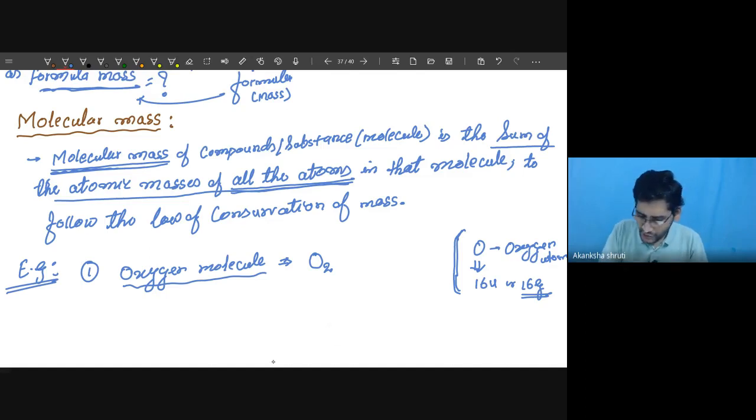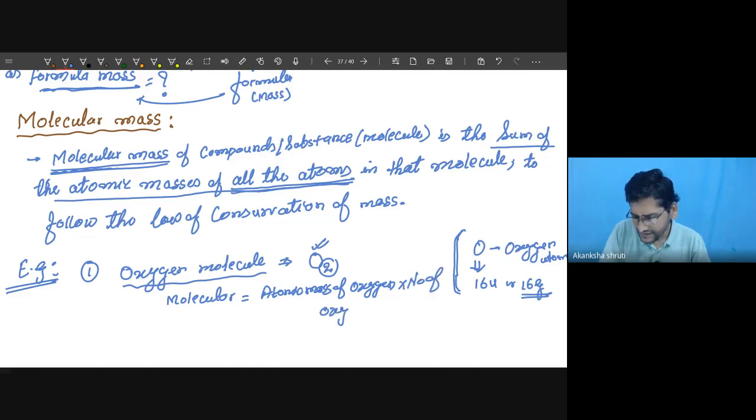But for getting the molecular mass, how many atoms are there in this molecule? 2 atoms. So the molecular mass is obtained by considering the atomic mass of the atom. It will be the atomic mass of oxygen multiplied by the number of oxygen atoms in that molecule.